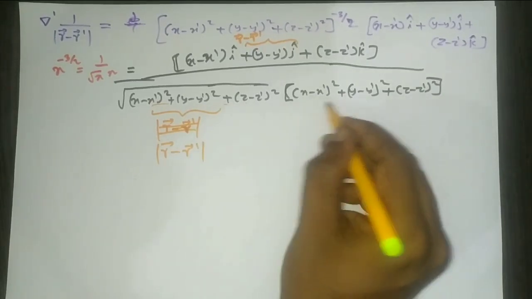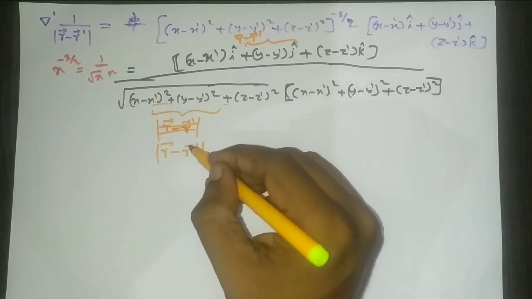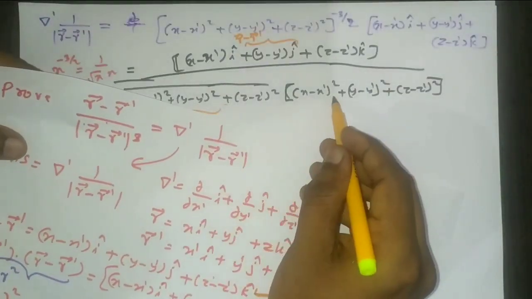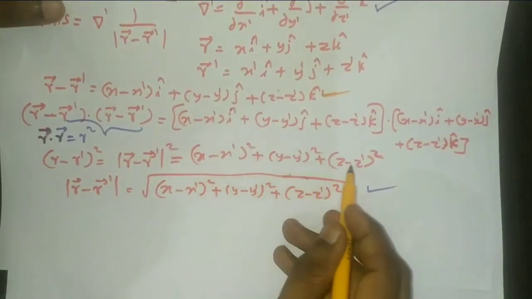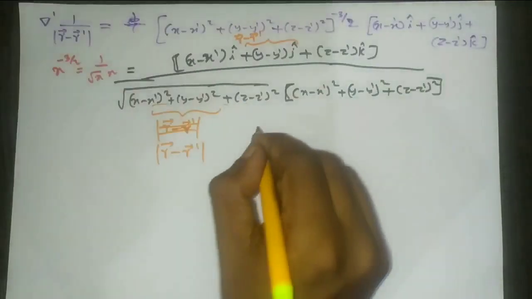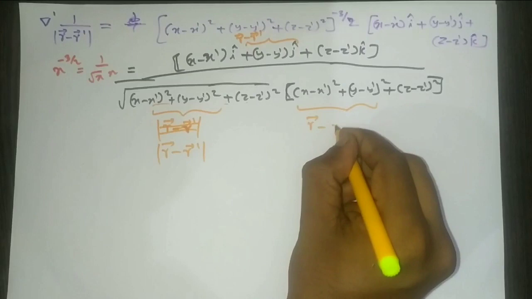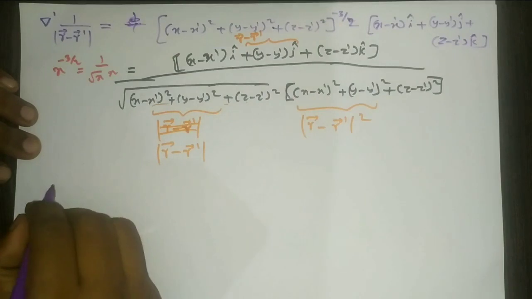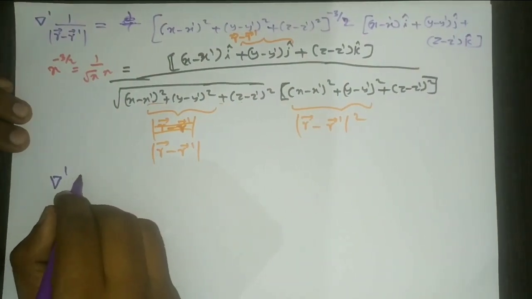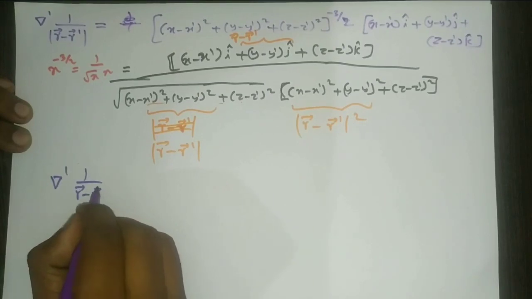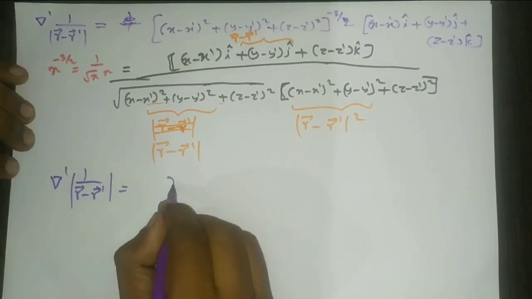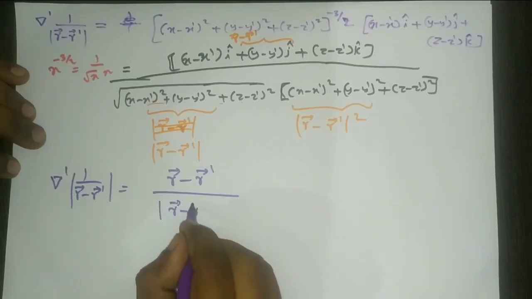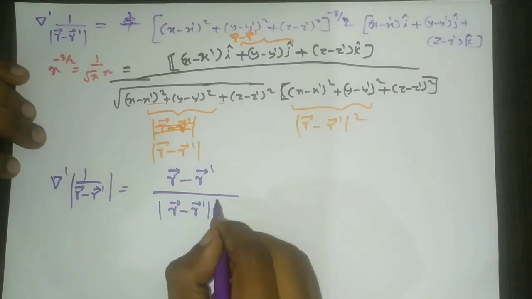And this quantity is nothing but the square of this quantity, that is |r − r'| squared. So the del prime of 1 by |r − r'| can be written as (r − r') divided by the modulus of (r − r') squared, and one more |r − r'|, that is, the cube.